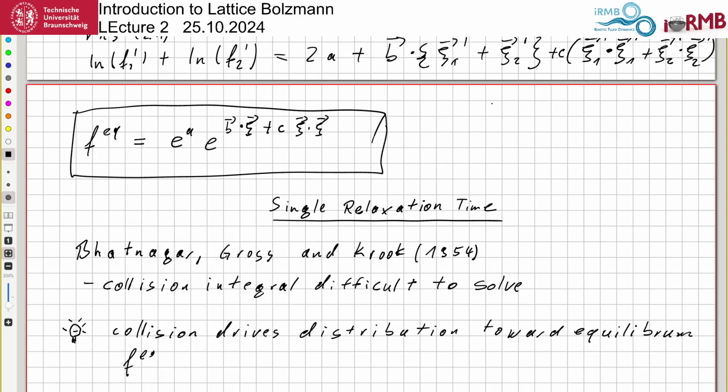And the equilibrium is something that we know. Maxwell already had the idea, he looked at what it should look like and had an intuition, and Boltzmann proved that it would be the correct one. So we know where it's going.